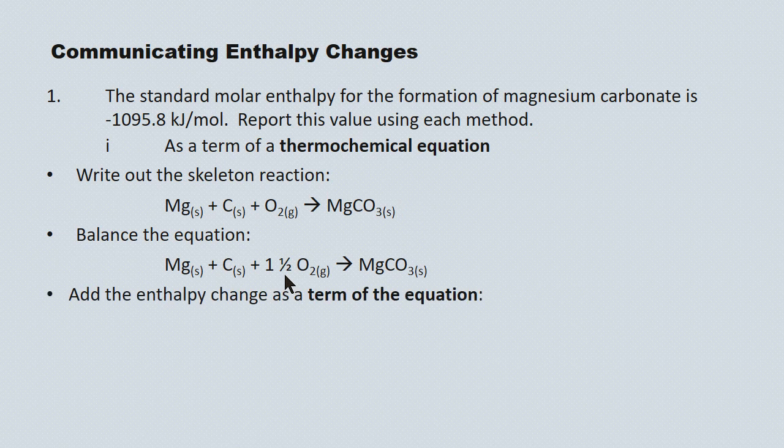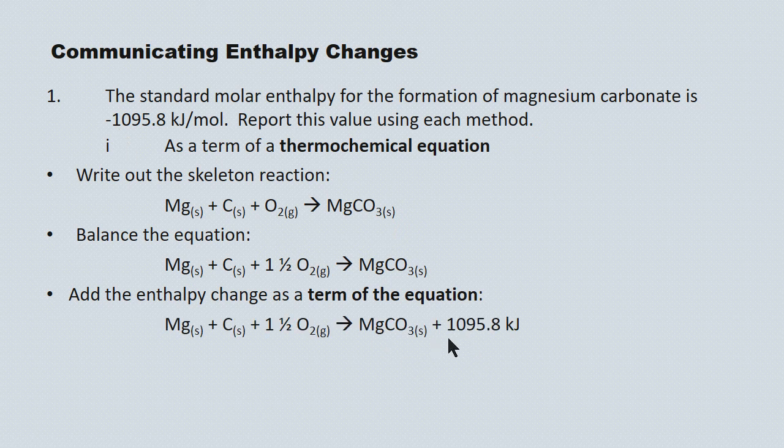We then add the enthalpy as a term of the equation, and you'll see here that the enthalpy is a negative value. This means this is an exothermic reaction. It's producing energy just the same way it produces any other product, and we show the enthalpy loss as a product in the thermochemical equation. So here's our complete thermochemical equation for the formation of 1 mole of magnesium carbonate.